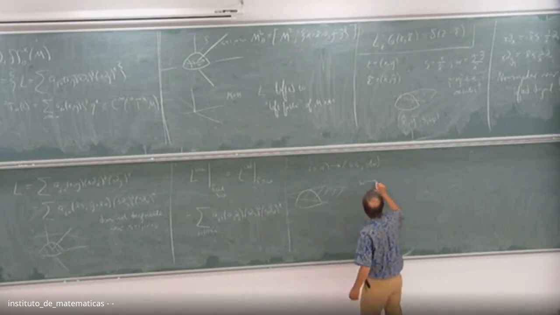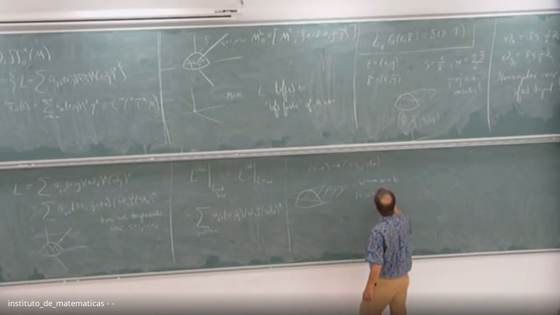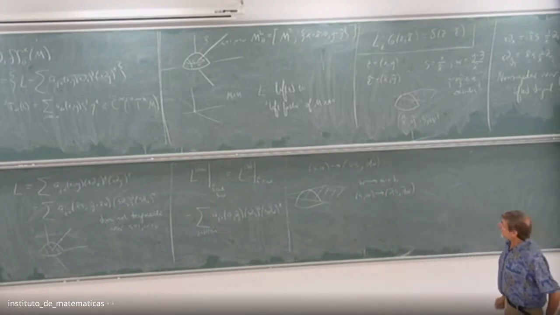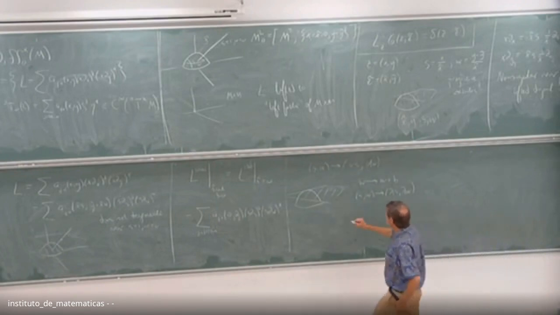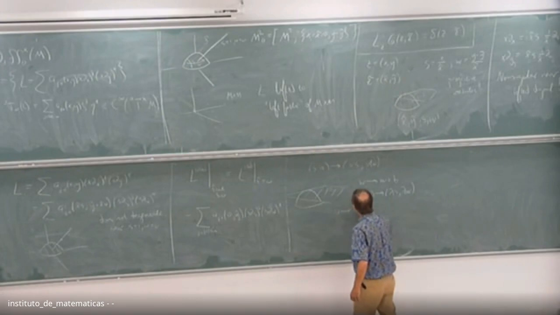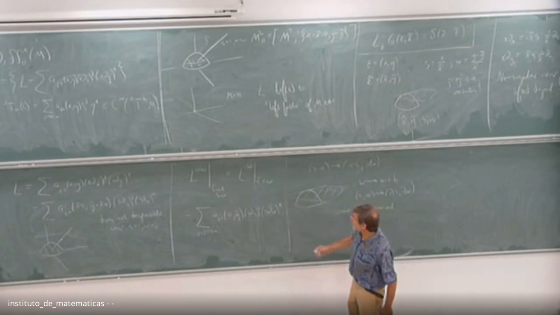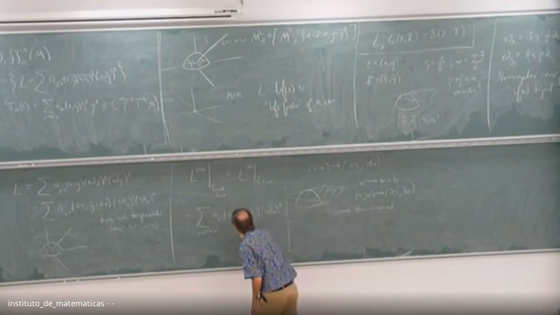So I can set w to w plus b, and I can dilate, s and w go to lambda s, lambda w. So these leave this operator invariant. So this operator is in fact the boundary symbol. Let me give it a name. I'm going to call it N of L. This is the normal operator.